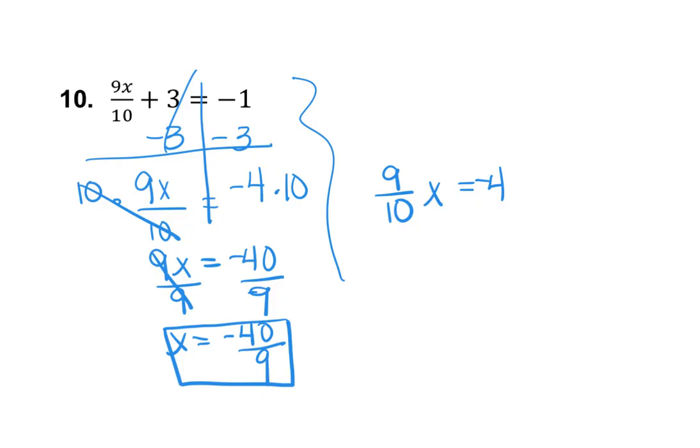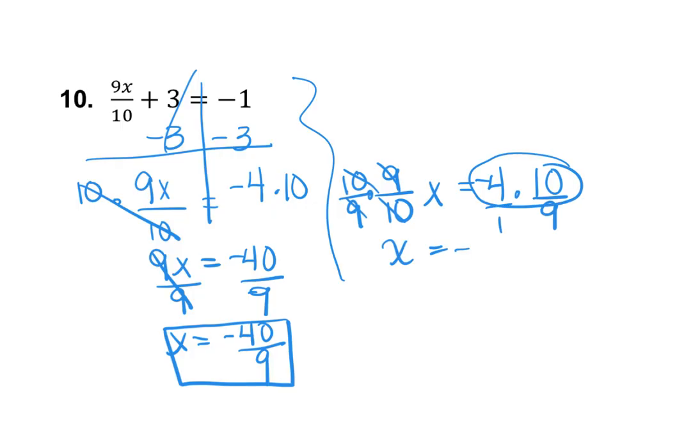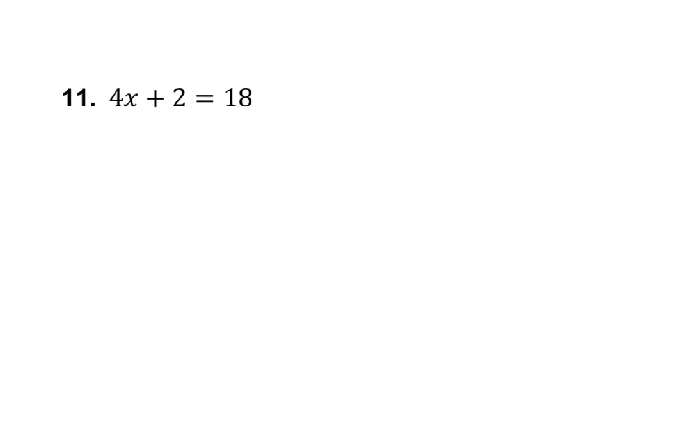To undo multiplication, we divide, and dividing a fraction is the same thing as multiplying by the reciprocal. So we could multiply by 10 all over 9. These all cancel out. And you would have, again, -40 all over 9.